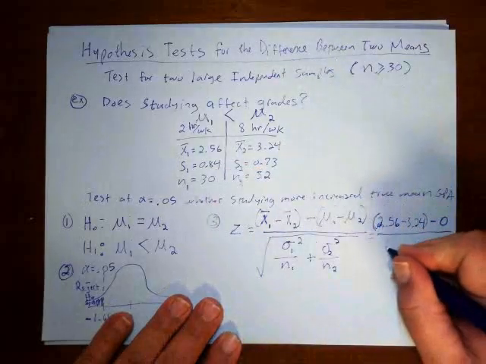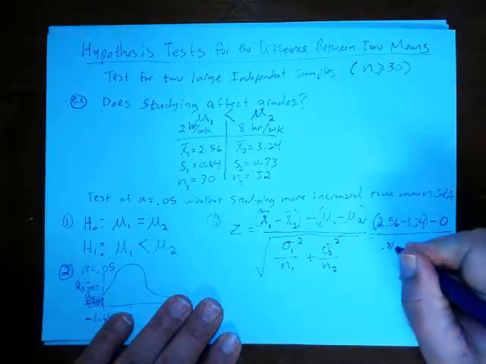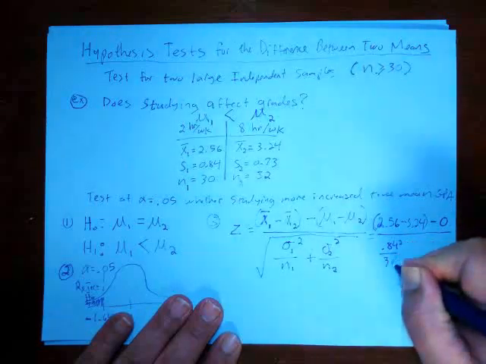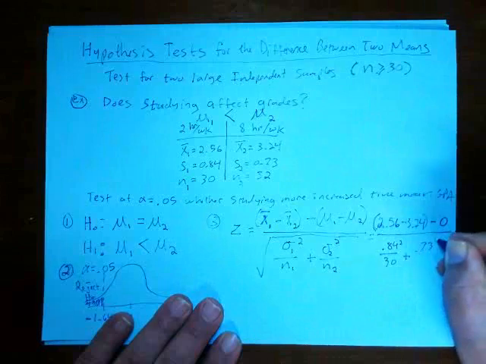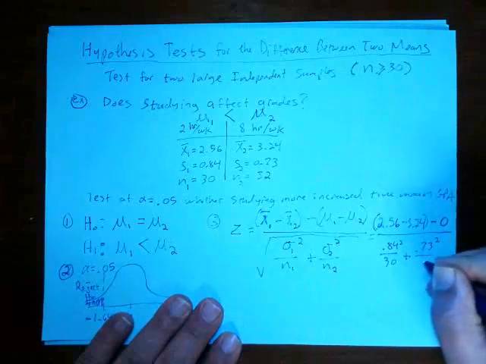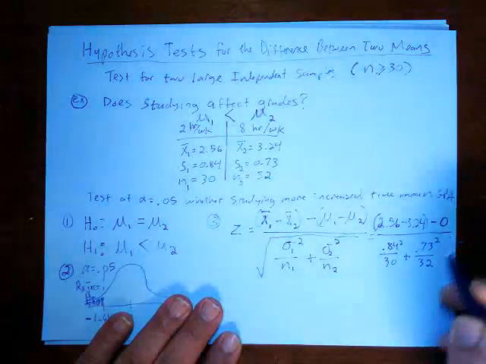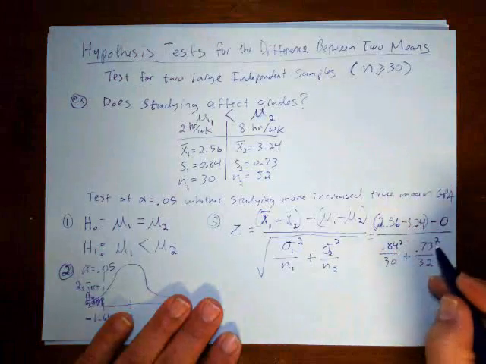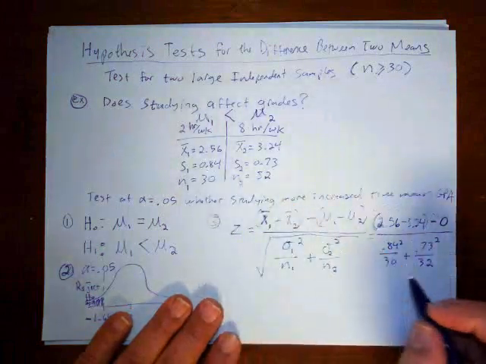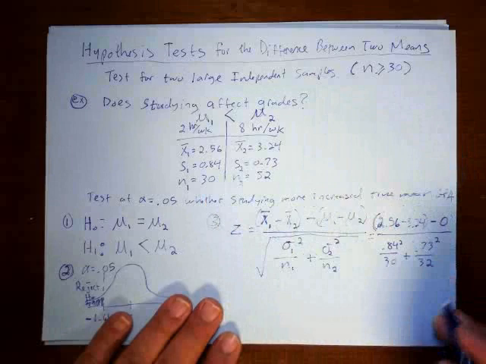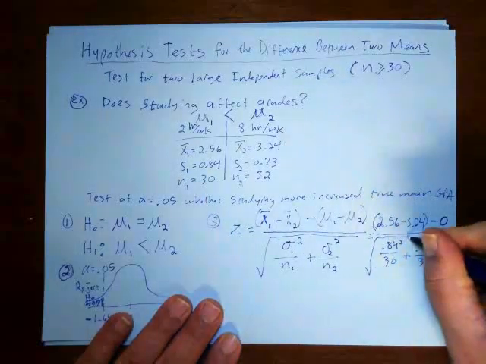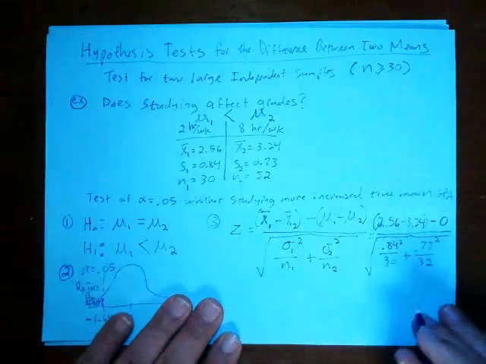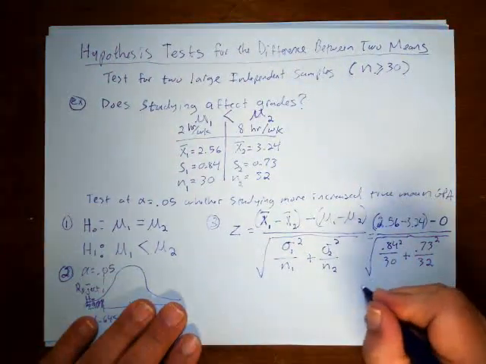So all of that divided by 0.84 squared over 30 plus 0.73 squared over 32. Okay, so notice I'm squaring the standard deviations and dividing by their n. And then I'm going to take the square root of that.